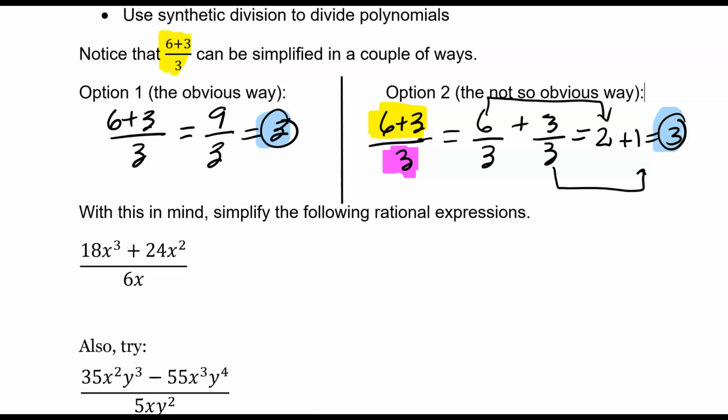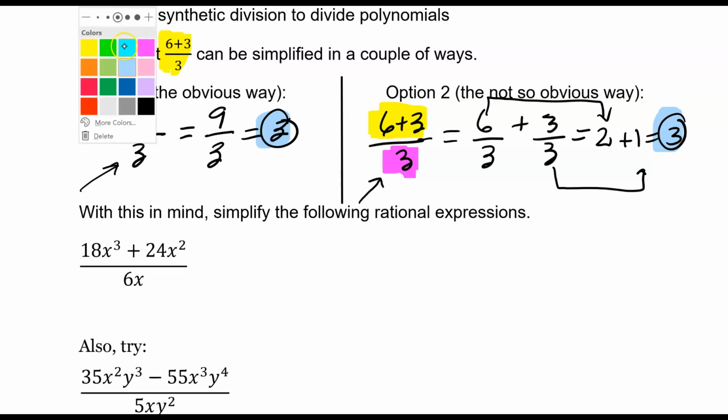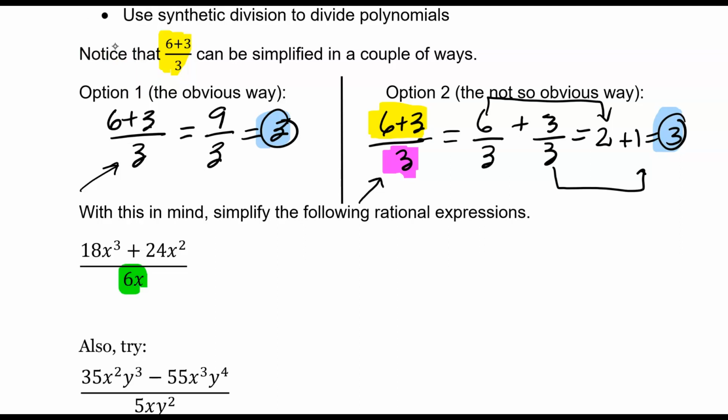Now what was the point of that? Well, the point is if we're dividing by one number or a monomial, we can split up the numerator into different parts being divided by that same monomial. So again here, the next example, we have a dividing polynomials example, but again we're dividing by a monomial.